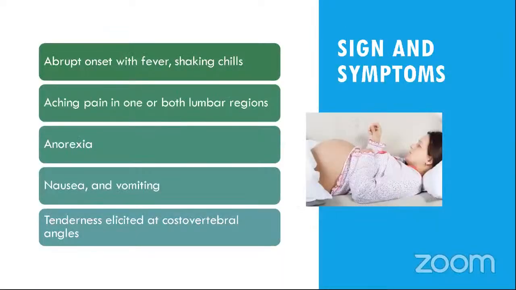Signs and symptoms: abrupt onset with fever, shaking chills, aching pain in one or both lumbar regions, anorexia, nausea, vomiting, loin tenderness, and costovertebral angle tenderness.